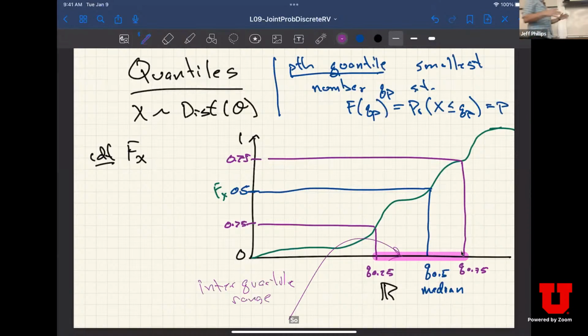This is the range evenly in the middle of the distribution that contains 50% of the probability, between the 25th quantile and the 75th quantile. So this is a useful measure of the middle part of the distribution. It's a useful property to think about for distributions, and a little different from what we talked about before.